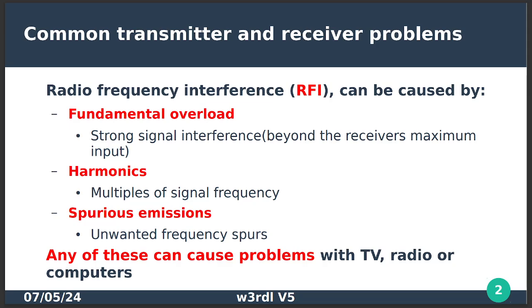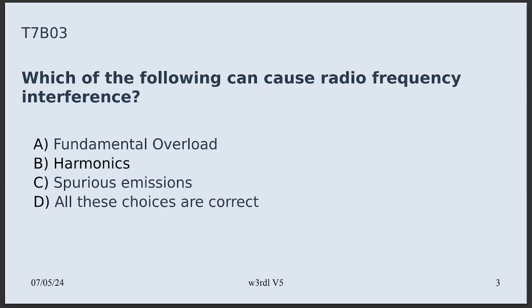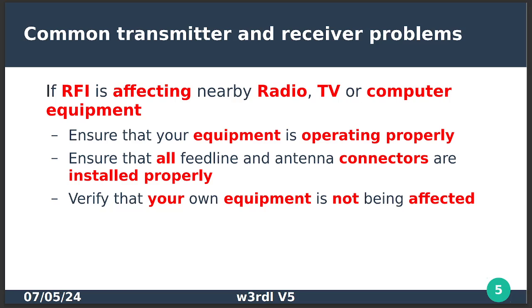Any of these can cause problems with TV, radio, or computers. Which of the following can cause radio frequency interference? Delta, all of these are correct. Fundamental overload, harmonics, and spurious emissions. Spurious emissions, the most that you will ever hear that term used is when people talk about Baofeng radios.